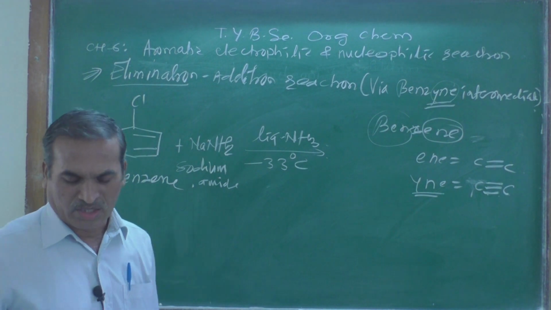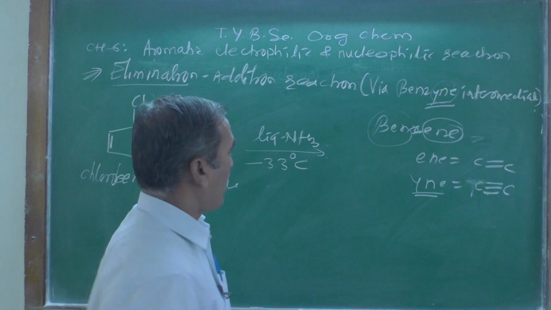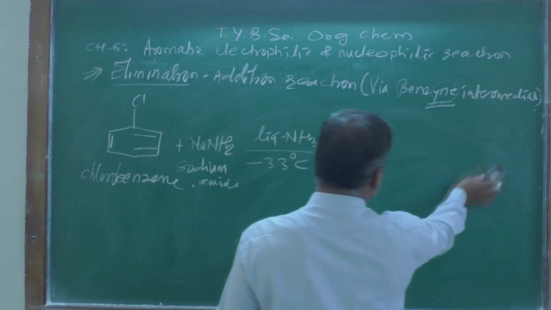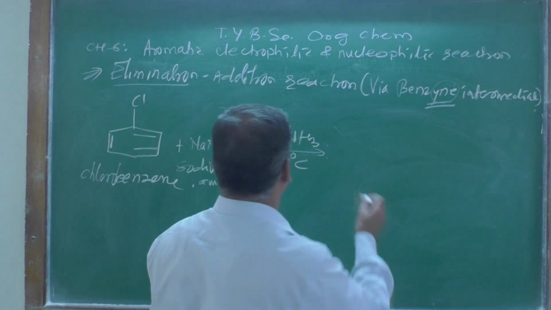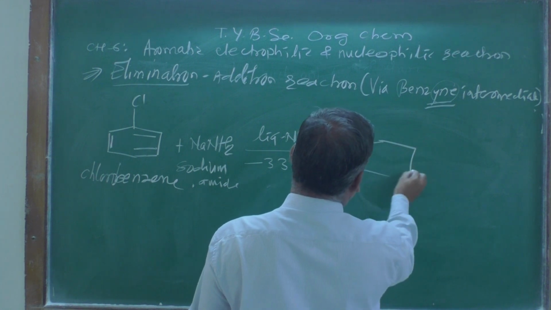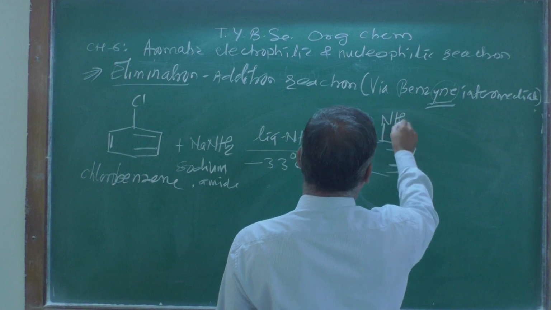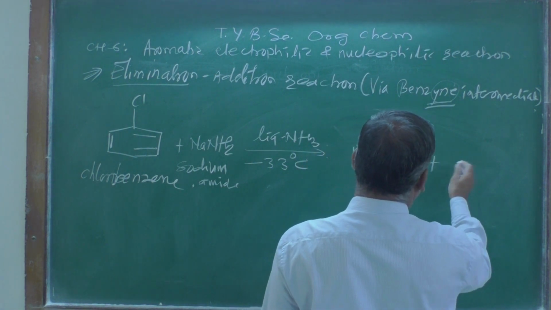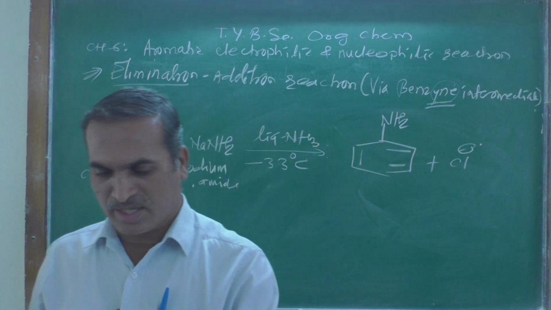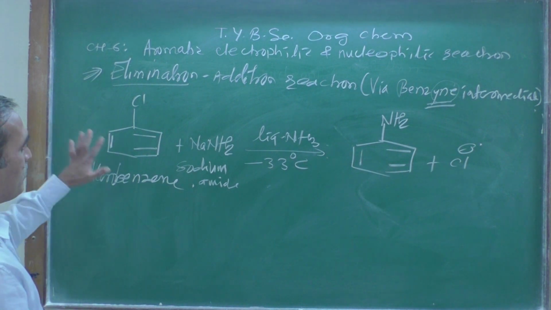That is the temperature generally kept low in this case, and we are going to get the formation of the product, this one. Here NH2 is added, and Cl minus is the leaving group in this particular reaction. So these types of things are happening here.